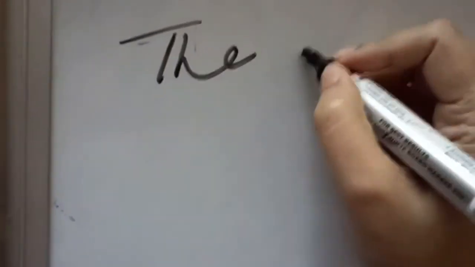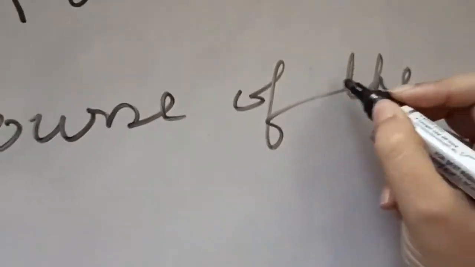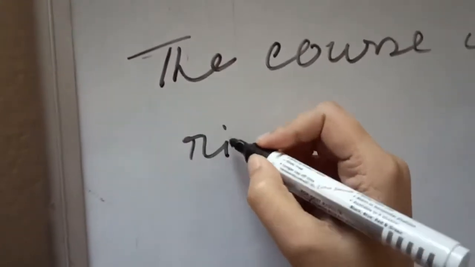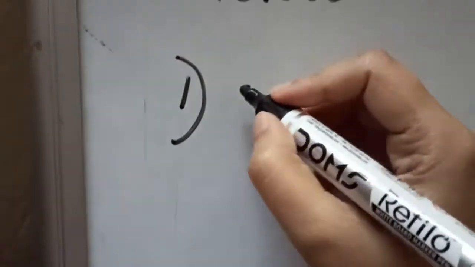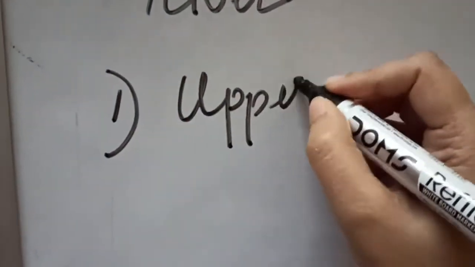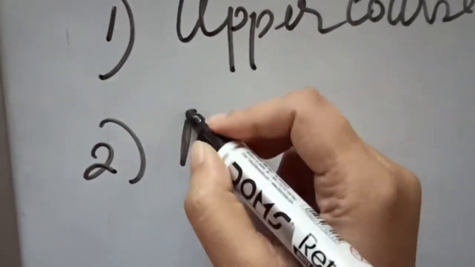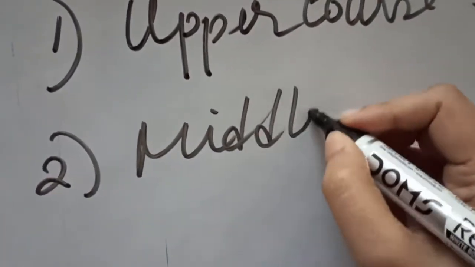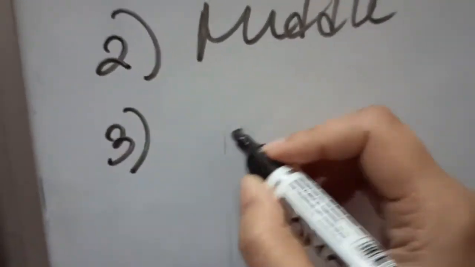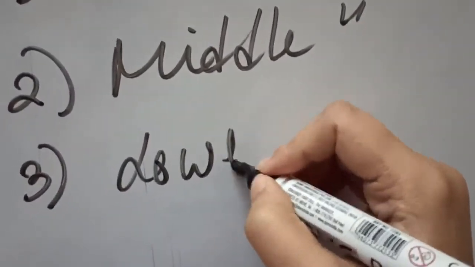The course of the river can be divided into three groups. One is the upper course, then the middle course, and lastly we have the lower course.